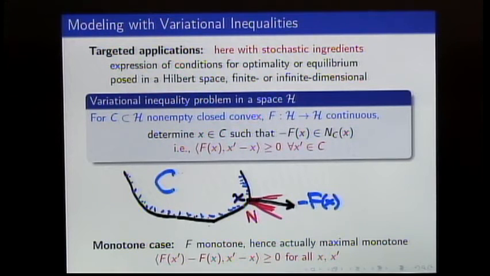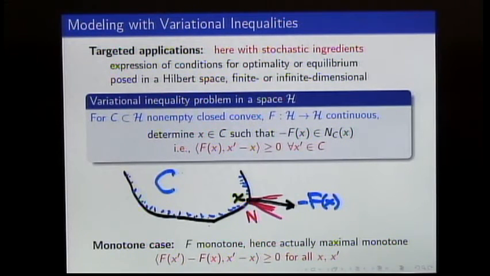And monotonicity, in the sense of George Minty, who developed that concept back in the 1960s, refers to this inequality in red down at the bottom. If I take two inputs and two outputs and look at this difference, then the product should always be non-negative.